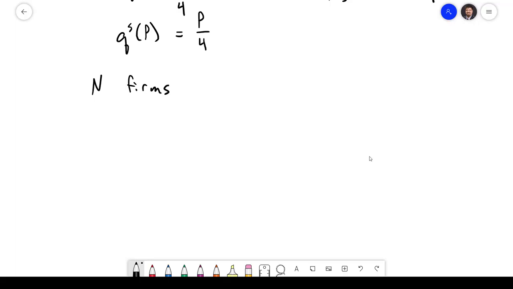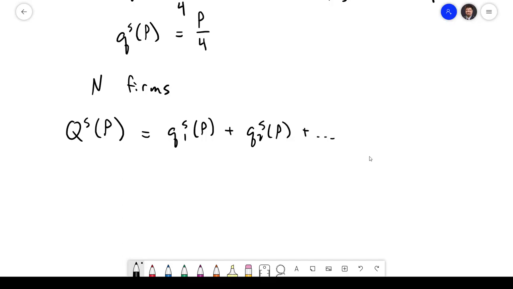To figure out the market supply function, and I'll use a big Q to denote the entire market's quantity, we're going to add up all of the individual firm supply curves. So I'll add up firm 1's supply plus firm 2's supply, and so on, all the way until firm N's supply function.